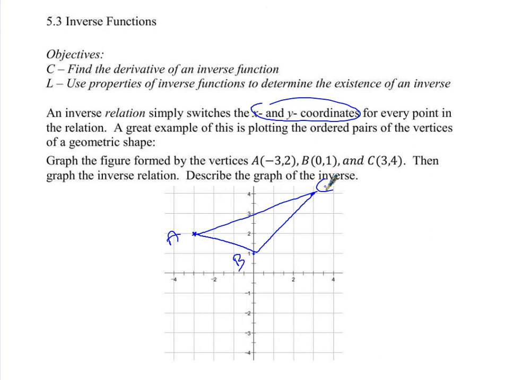Okay, now I want to graph the inverse relation. So what do I do? Switch all the coordinates. And the way that we designate a new set of coordinates is with the prime. So A prime will be 2, -3, B prime, oh, and then C prime.